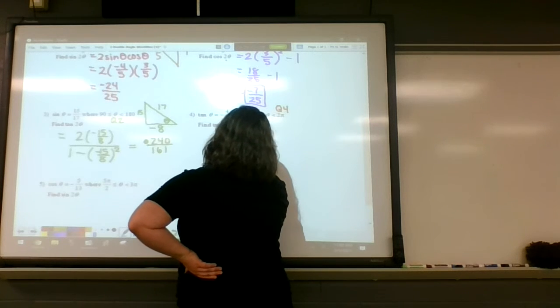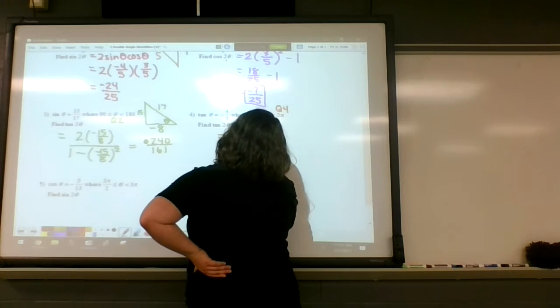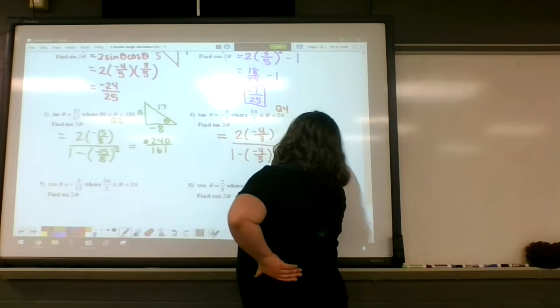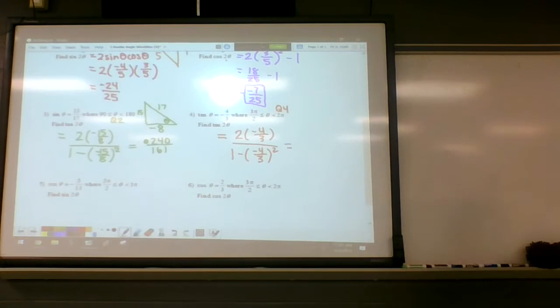So this will be 2 times negative 4/3 over 1 minus negative 4/3, that whole thing squared. So calculate away.